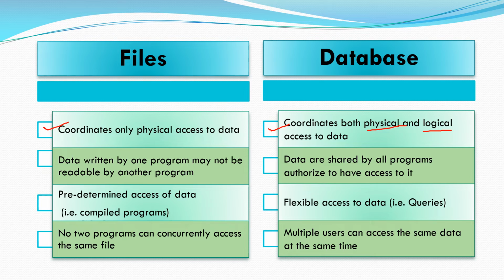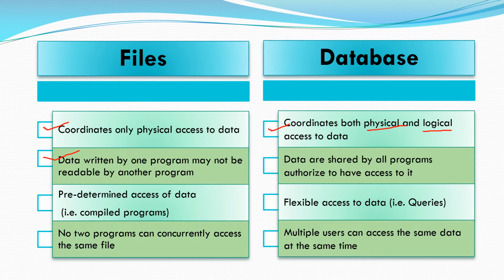get managed logically, that the database will coordinate here. Next point is that data written by one program may not be readable by another program in a file system. Whatever you are storing in a file is not used by other programs.